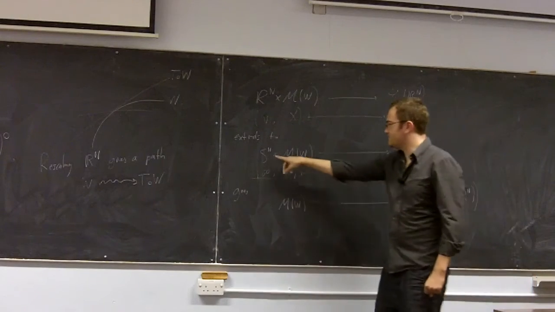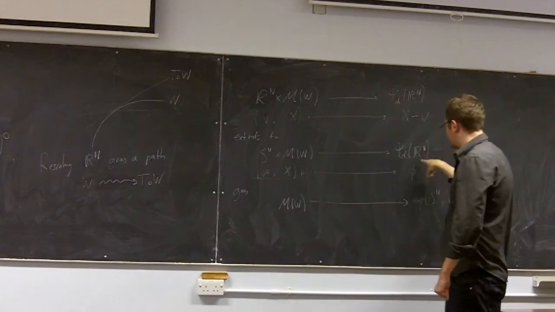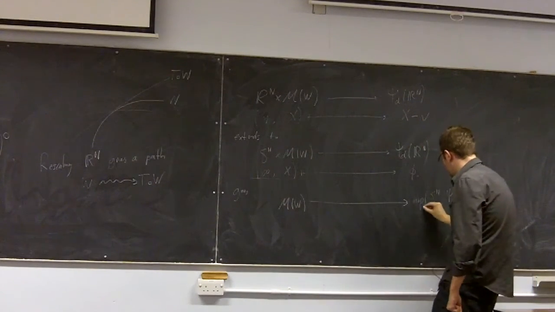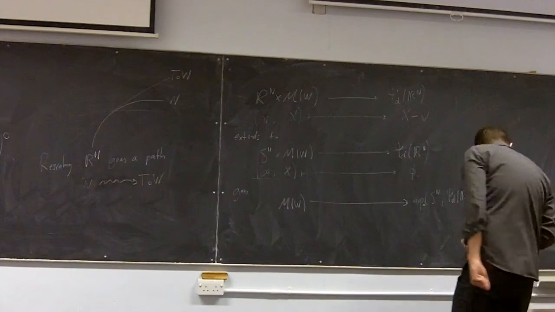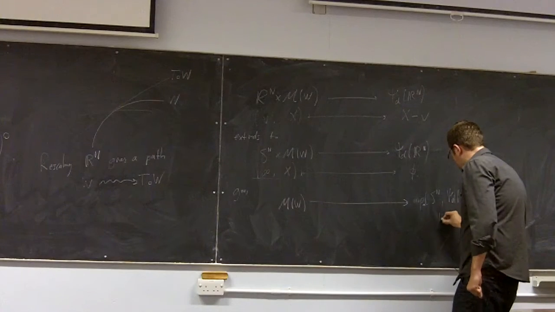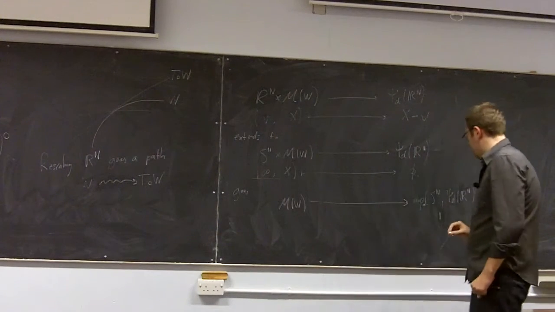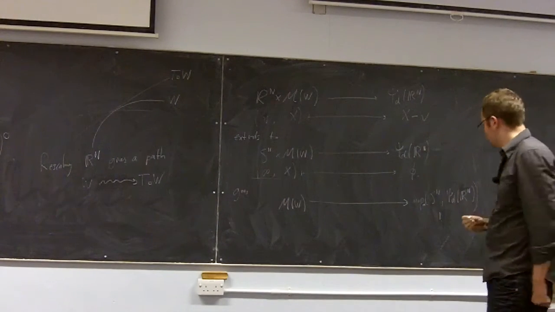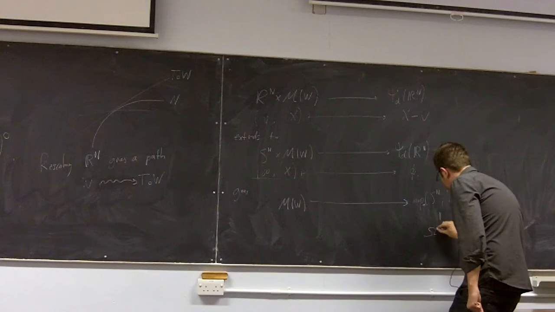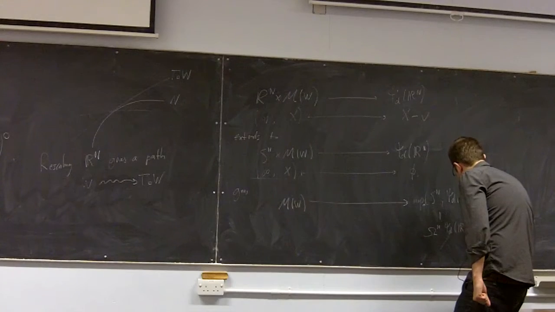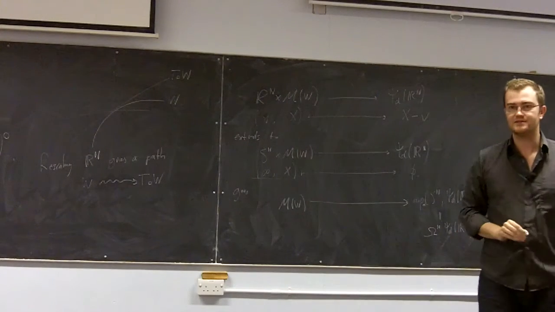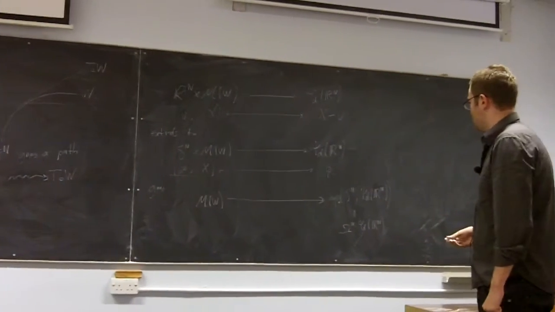And infinity is a natural base point over here, and the empty set is the natural base point here, so you actually get base pointed maps. And now, because it's normal in homotopy theory, I'll write this as loops n psi d of Rn. So it's the n-fold loop space of the space psi d of Rn.